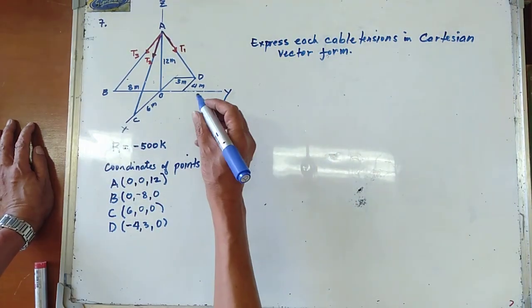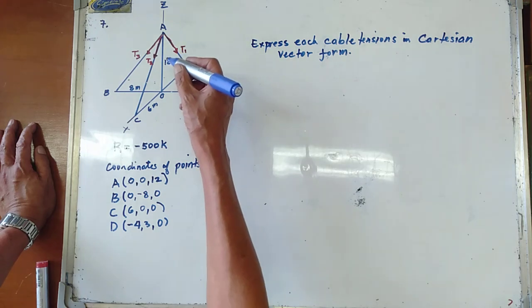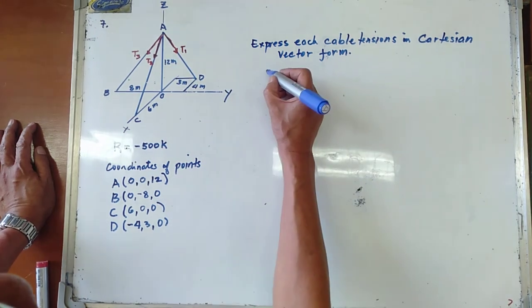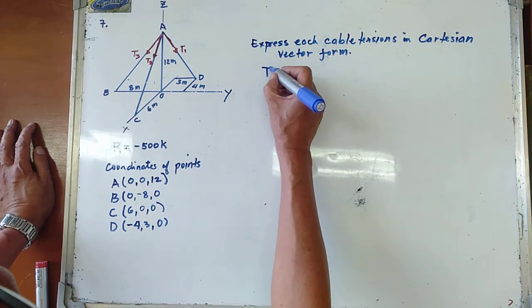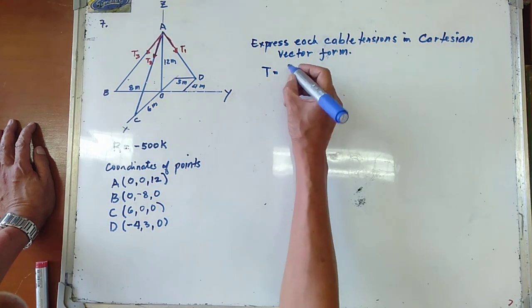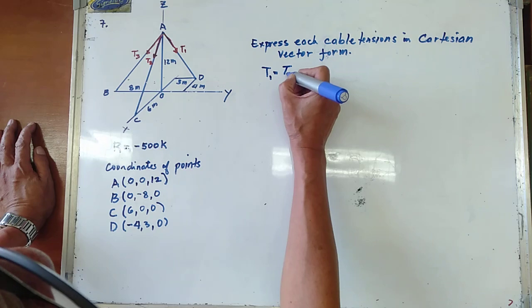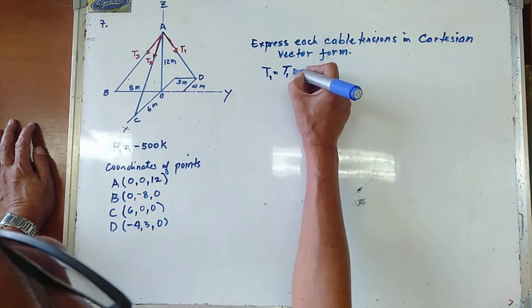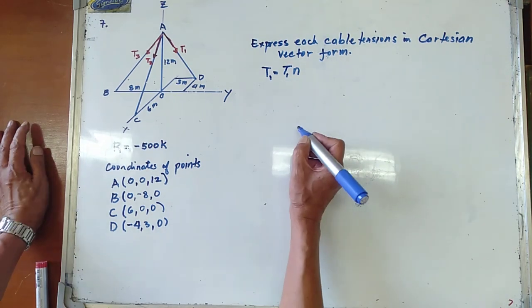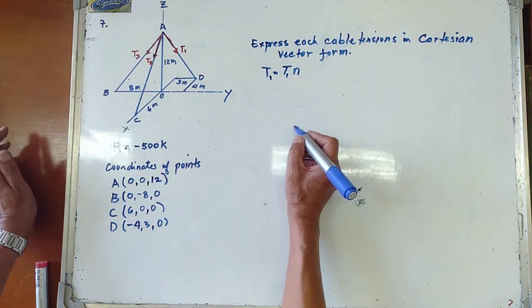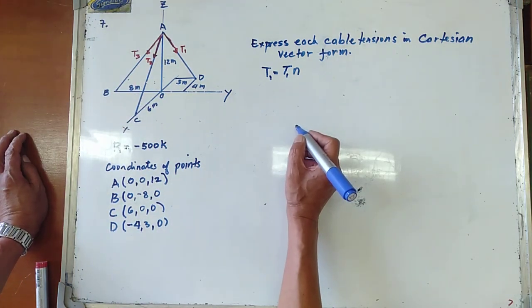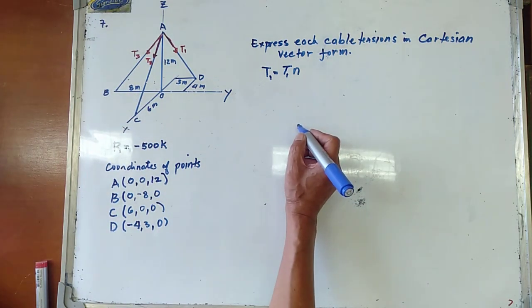First, let us express T1 in Cartesian vector form. T1 is equal to the magnitude of T1 multiplied by a unit vector in the direction of T1.